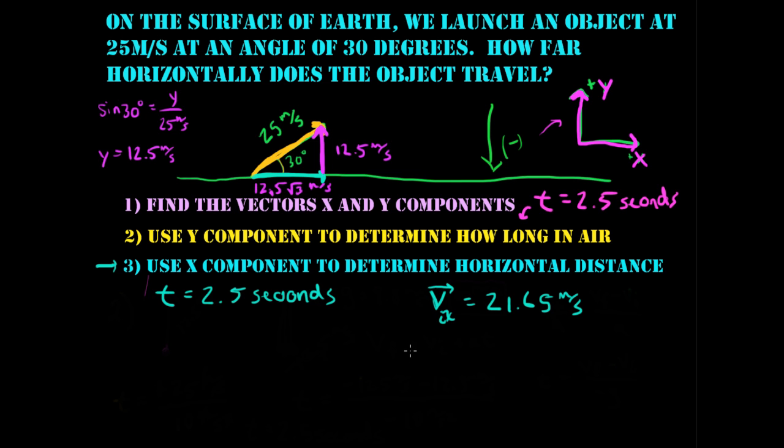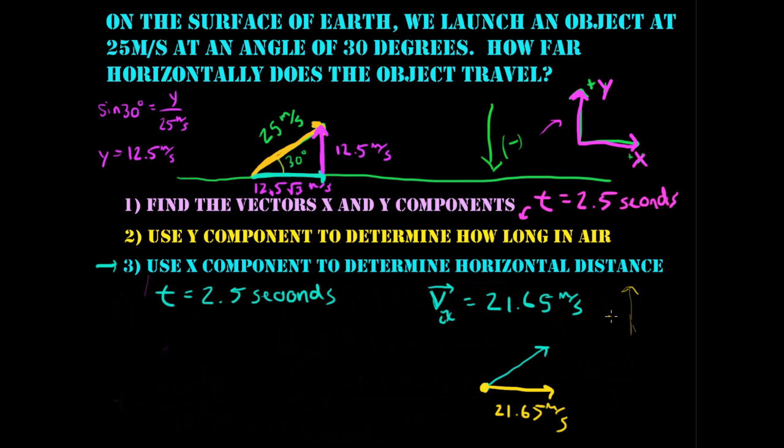So when this object is fired off at 30 degrees at 25 meters per second, our horizontal component has a velocity of 21.65 meters per second. And remember, we talked about how there's no forces acting upon this horizontal direction. In our physics world, there is no air resistance, and gravity only affects objects vertically.